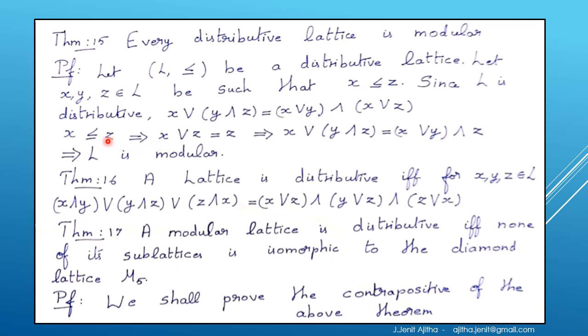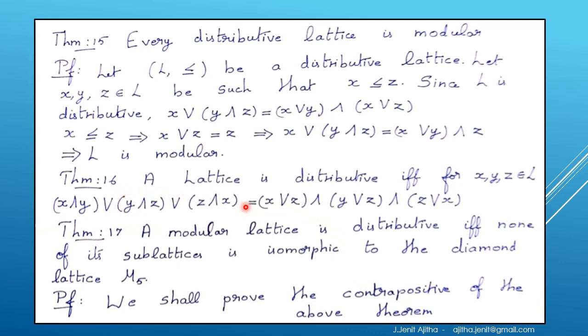This implies z is the upper bound and x is the lower bound. Therefore, the least upper bound of x and z, that is x join z, equals z. So applying this in the equation, we will get x join (y meet z) is equal to (x join y) meet z. Therefore, L is a modular lattice.